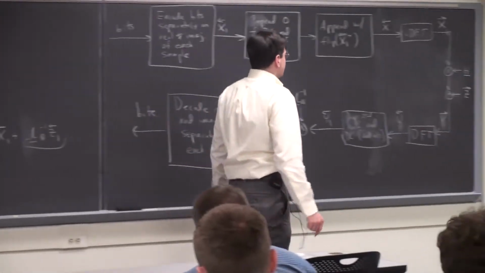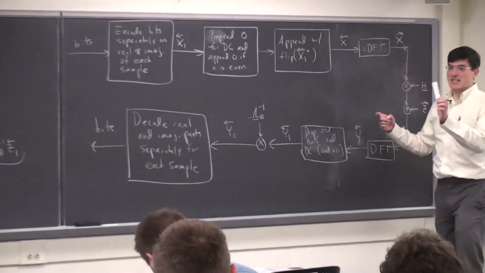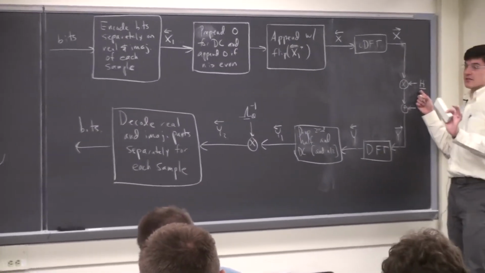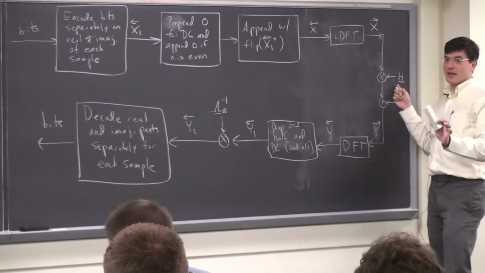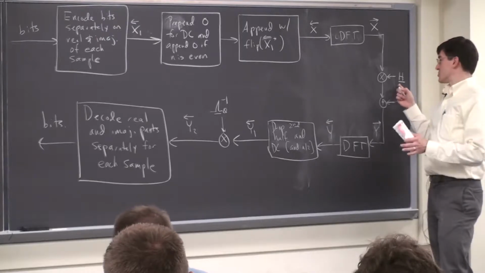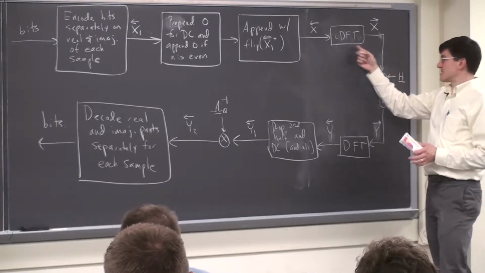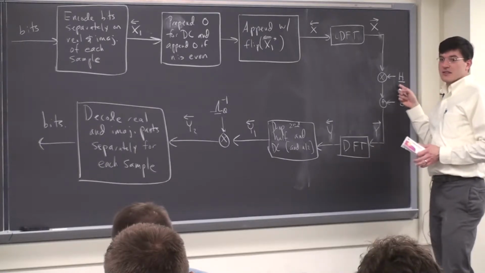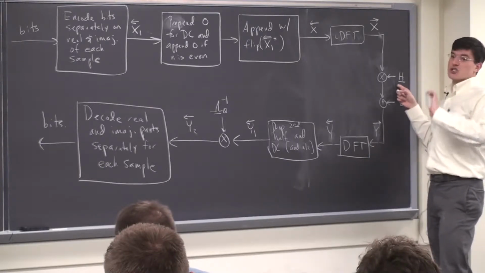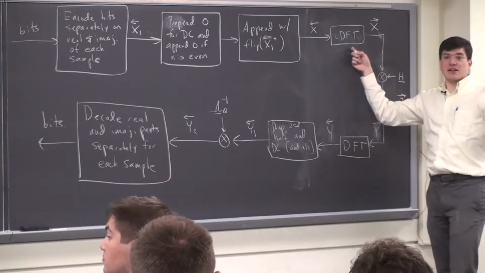If you look over here, one beauty of this is that the change of basis does not depend on the channel. As long as we know the channel is circulant, the change of basis here and here does not depend on what H is exactly. That was the hang up with the SVD approach. If you use the SVD approach, this change of basis depends on H. So does this one. So the encoder needs to know what H is quite accurately. Here, so long as you know it's circulant, the change of basis is just the IDFT.